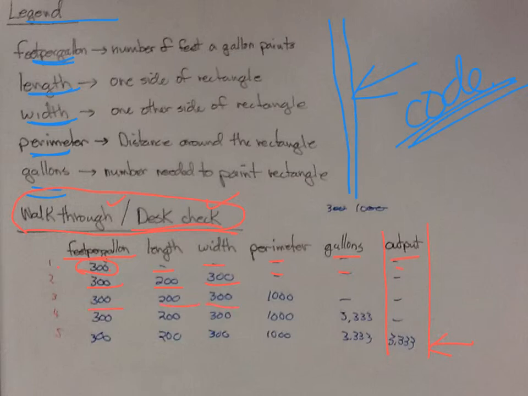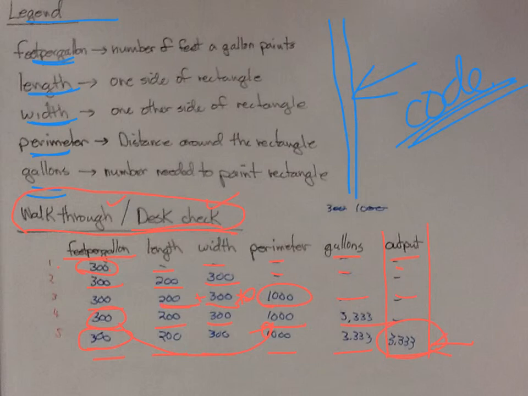We took the 300 and the 200, the length and the width. We added them times 2, and we get 1,000. Those variables are all the same. We have 1,000. We divided that by this amount, and we got our 3.3333. And then the last line, all those variables stayed the same, and we output it and printed it.